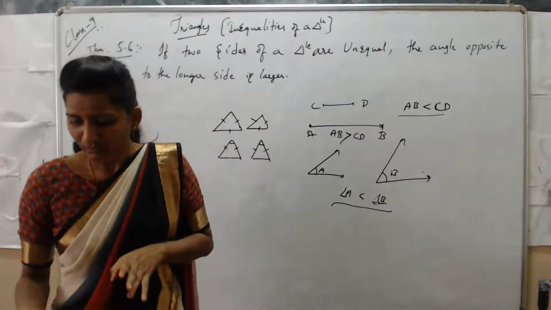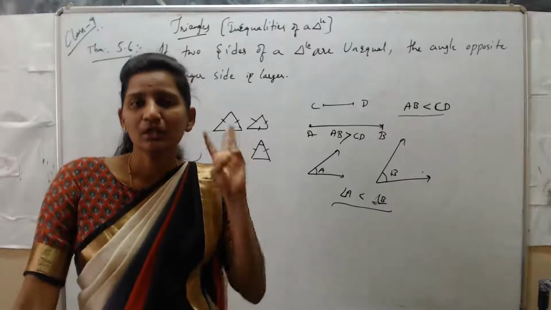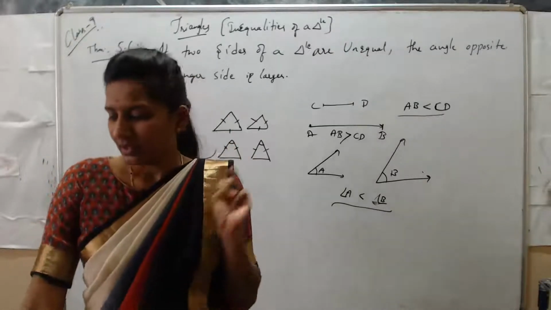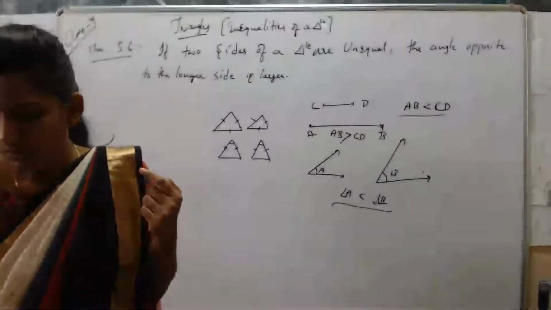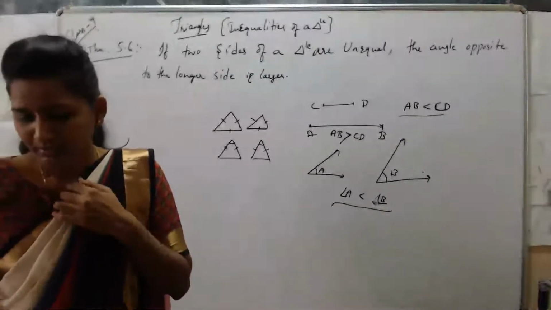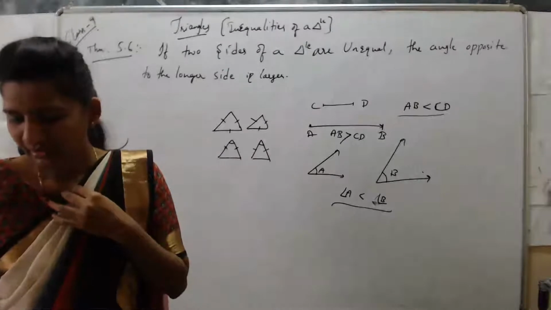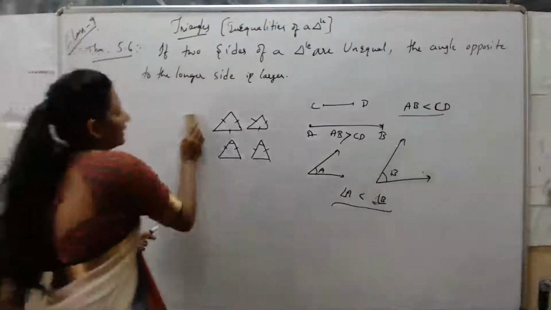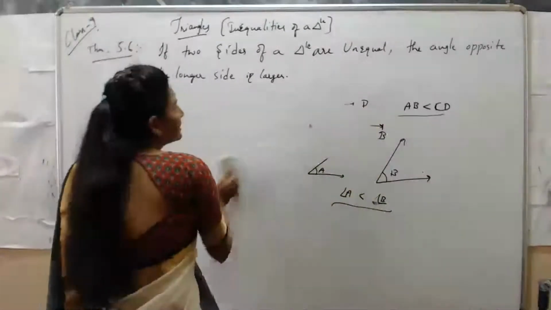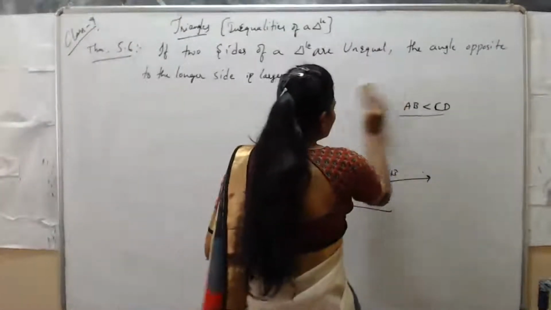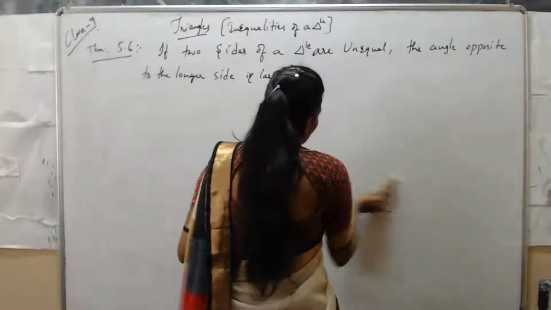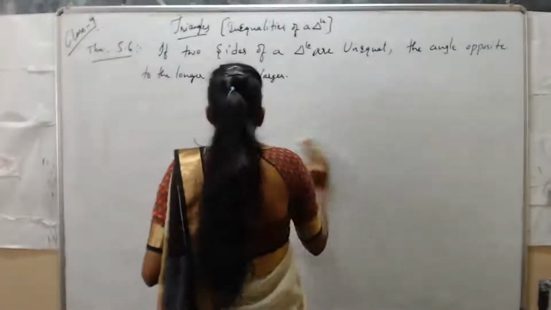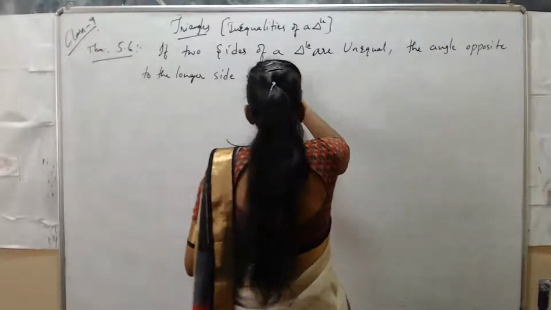Before that, we have to learn three theorems. Come to page number 103. In that, theorem 5.6. What is given is, if two sides of a triangle are unequal, then the angle opposite to the longer side is greater.